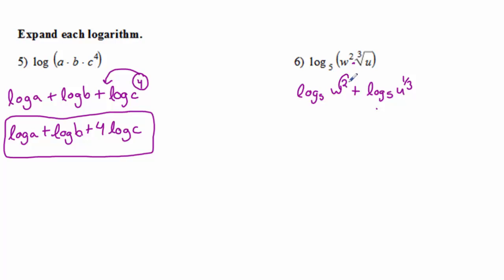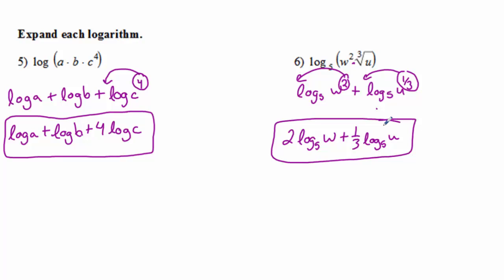And so then I'm going to take these exponents and move them in front for both of these. So this is 2 log base 5 of w plus 1/3 log base 5 of u. And I'm done. So expanding means we're going to have more than one logarithm, whereas on the next section we're condensing, and so that's going to give us just one logarithm.